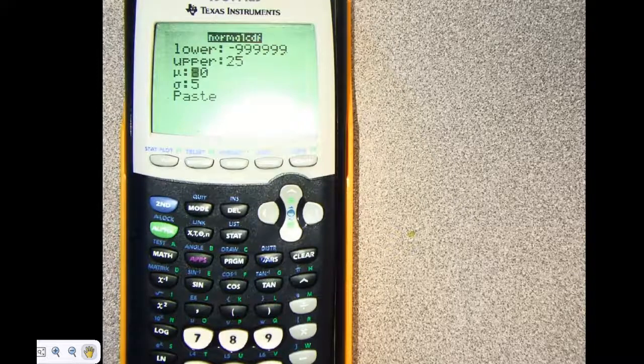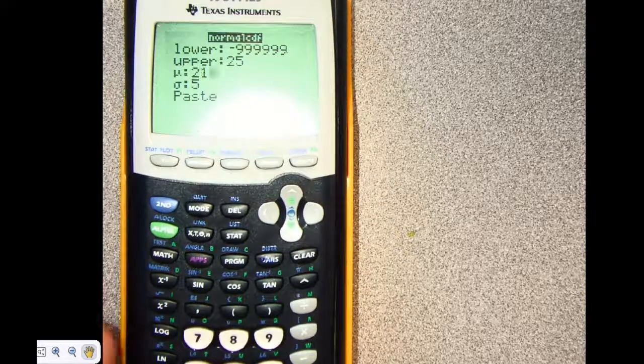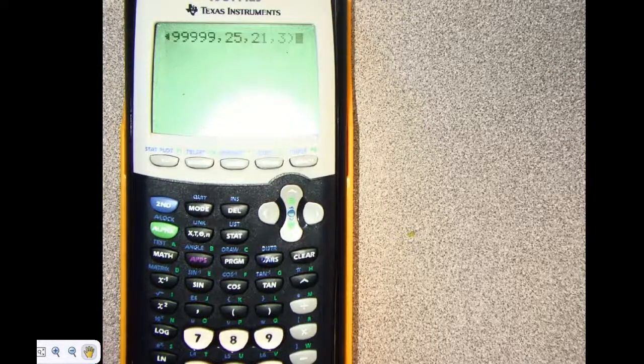I know you can't get lower than a 0, probably lower than a 4 or something on the ACT, but I'm always just going to go negative 999 up to whatever. So I'm capturing this and every single thing below. I'm making this as low as I can make it. And then tell the calculator the mean, and tell the calculator the standard deviation.